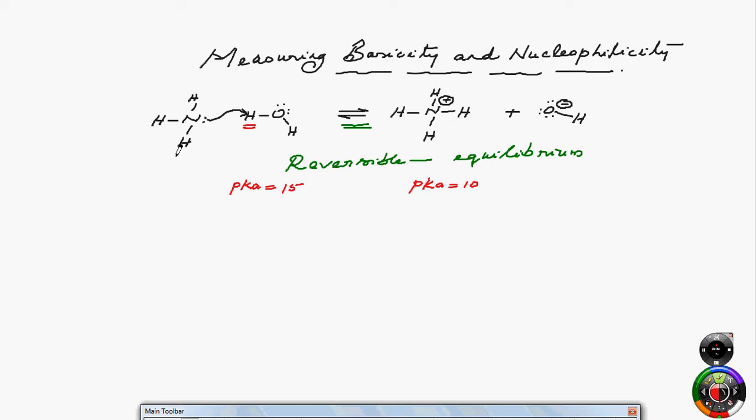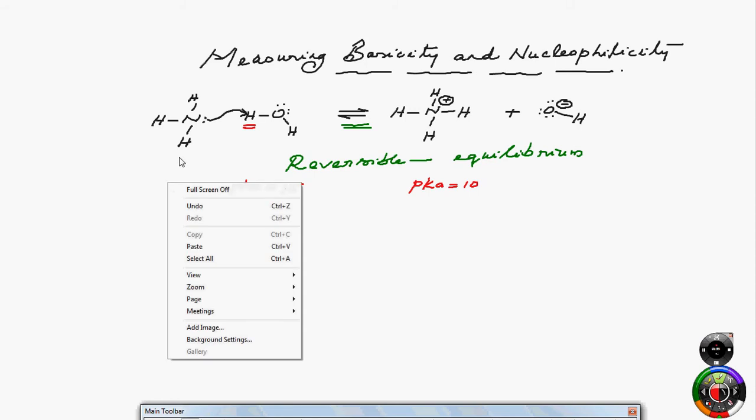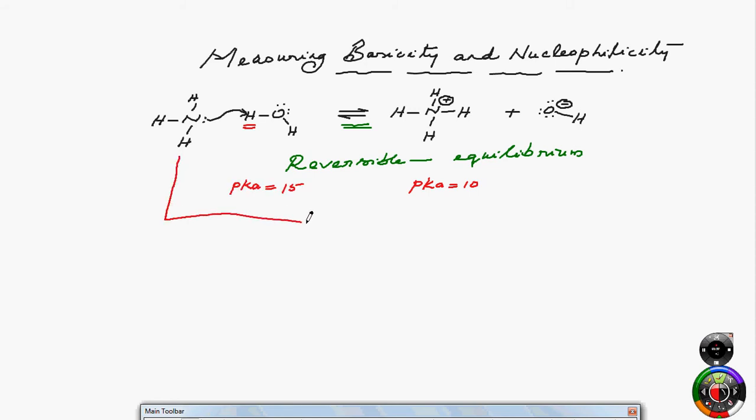As you are aware, when NH3 becomes NH4 plus, the base NH3 is becoming its conjugate acid.